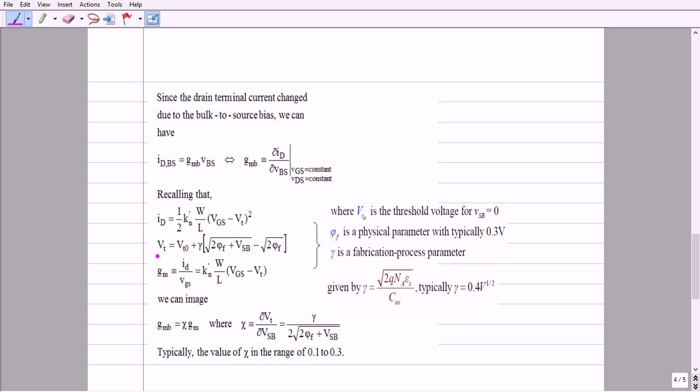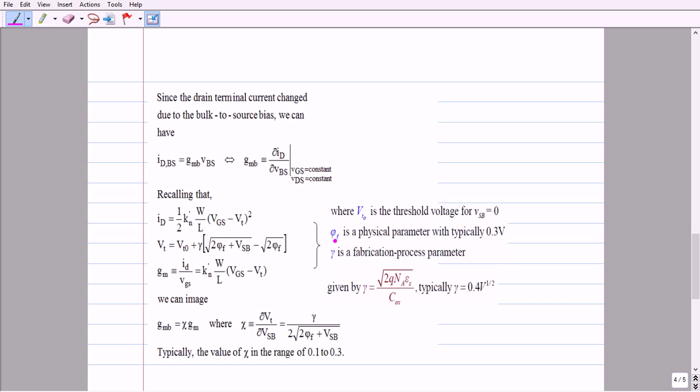Proceeding further, we can write the detailed equation for the threshold voltage, including the source to bulk voltage. Vt equals Vt naught plus gamma times the root of 2 phi f plus the source to bulk voltage, minus the root of 2 phi f. Each parameter is defined as follows. Vt naught is the threshold voltage for source to bulk voltage of 0.